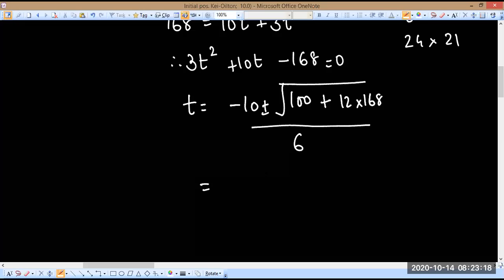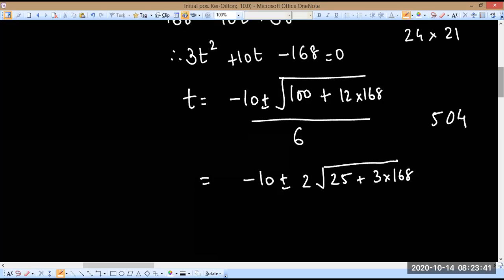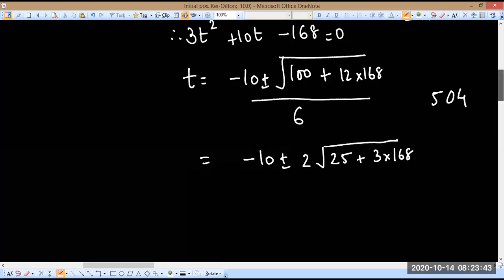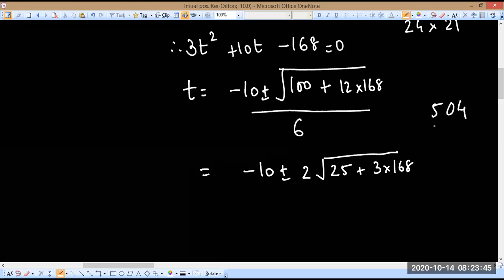Okay. So from here you can take a 4 out, right? So 3 into 168 is finally 4 and carry 1, 9, 20, 0 carry 2, 504. So it's coming out very strange. We're getting 504.